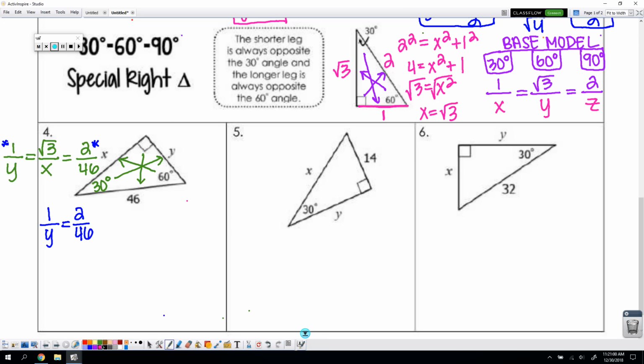And then square root of 3 over x equals 2 over 46. Now it is possible if you want to simplify 2 over 46 you could, but we don't have to. It's not necessary. So we're going to cross multiply. That gets me 2y equals 46. Divide by 2 and we get y equals 23.